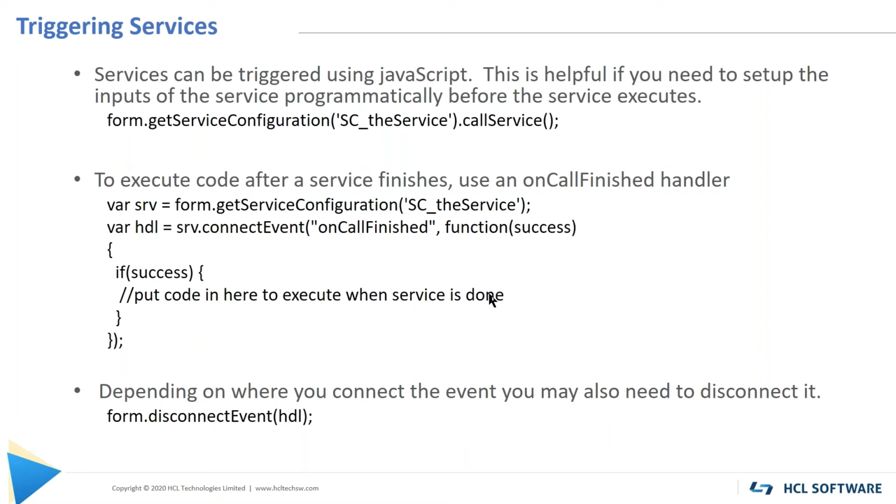Your form is misbehaving, and you don't know why, and that can be a really good example of where you need to disconnect your event, or some strange behavior is happening that you can't explain. So in general, on-call finish handlers should go in the on-load of your form, and if not, then you will need to do a disconnect to make sure that it only fires once.